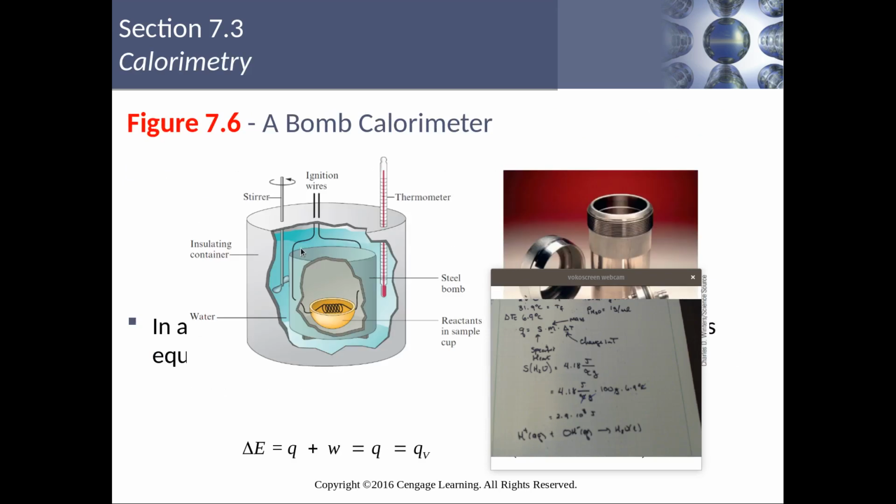Let's go back this way. In the absence of this reaction, this entire object has a heat capacity, and you're measuring the change in the temperature of this entire volume of water.